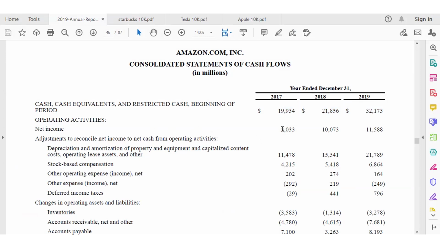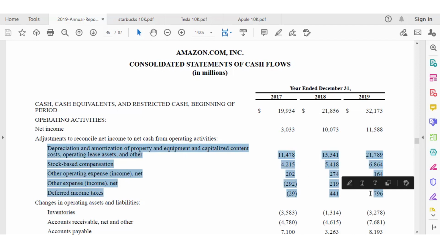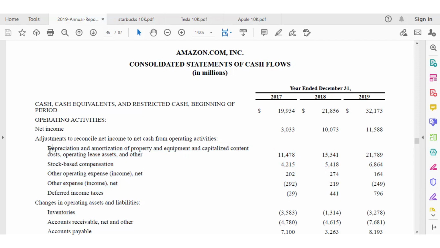And then it's going to commence with net income, which is being fed through from the income statement. And after that, it's going to start making the non-cash adjustments. So adding back depreciation, adding back stock-based compensation, other operating expenses, deferred income. Again, these are things which distort the actual cash position from net income.